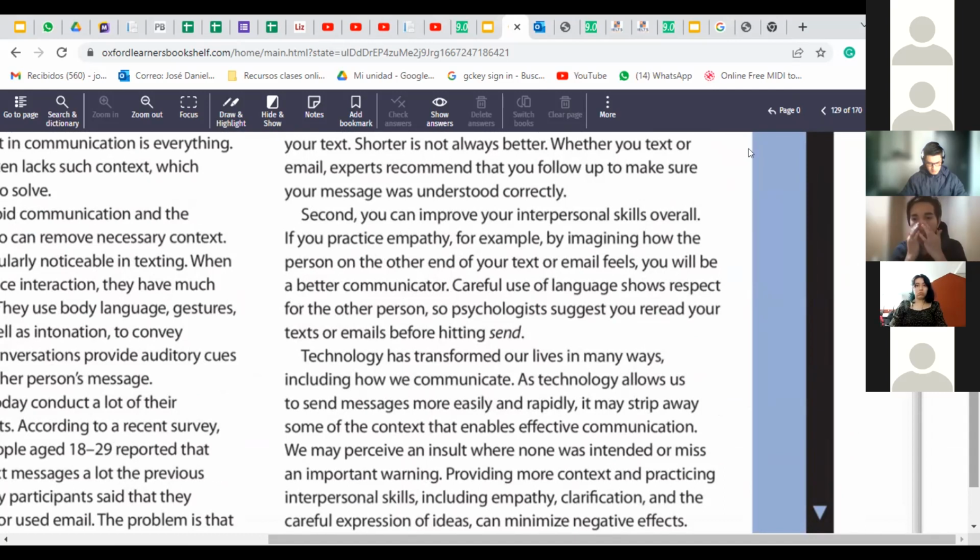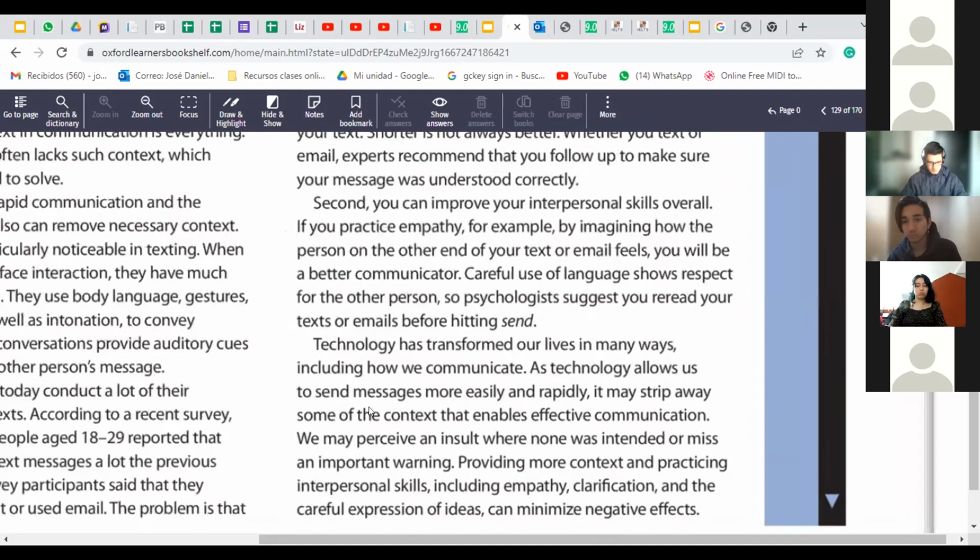Catherine? Are you there? I was just saying, empathy is certainly a part of the second solution, but they do mention something else very specifically that you should do according to them.